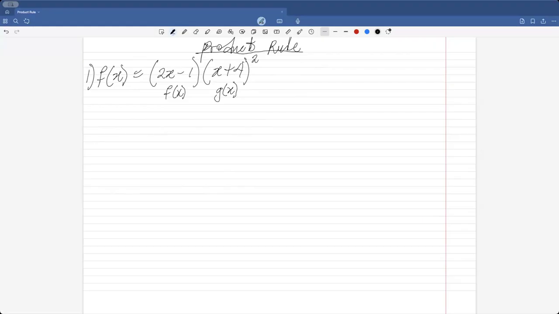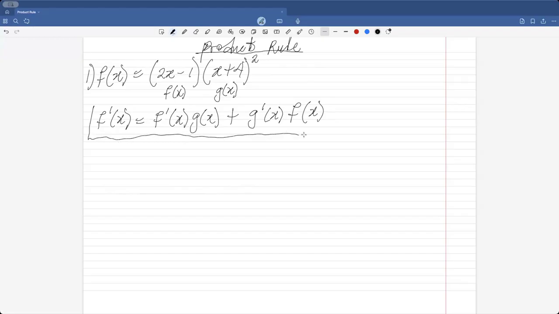So the formula for product rule is f prime x equals f prime x g(x) plus g prime x f(x). So right here, this is the formula for product rule.